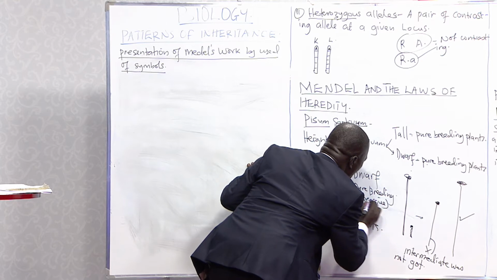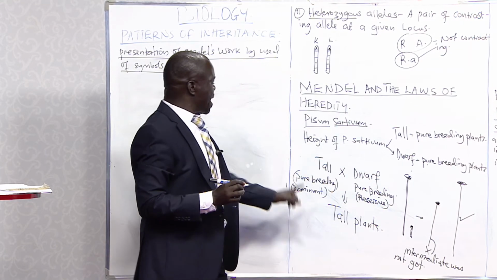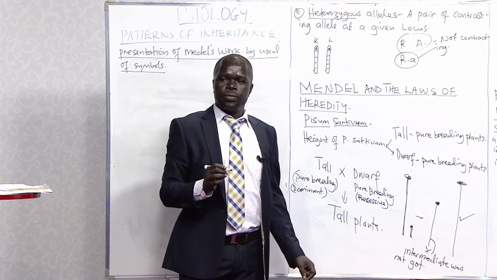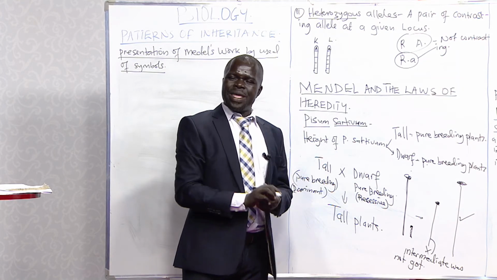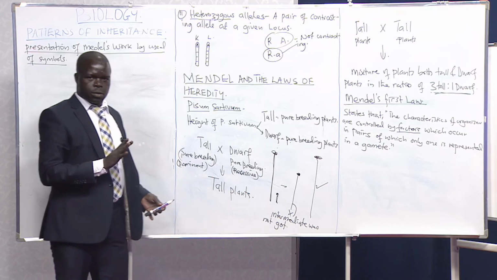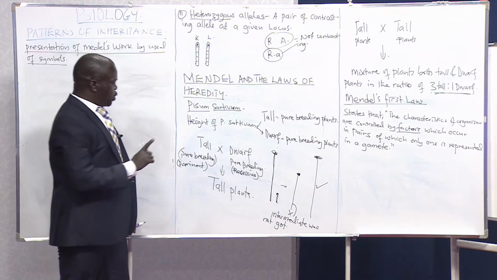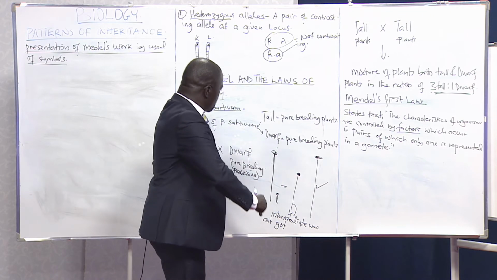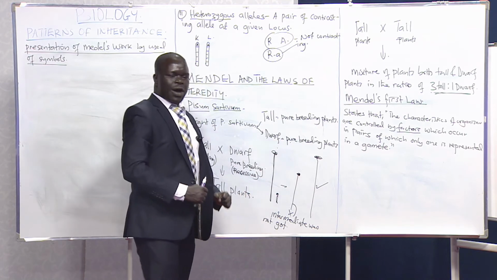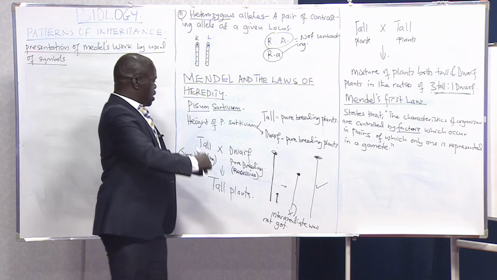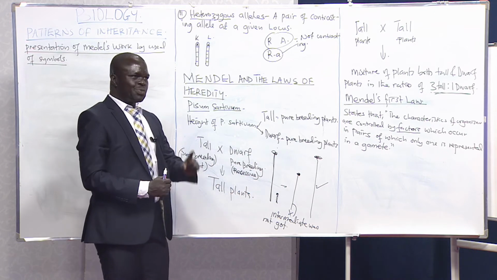When it combines with the tall one, the dwarf condition will never be attained. It will be suppressed. So the tall condition is dominant, suppressing the dwarf condition. In the presence of the tall, dwarf will not express itself.